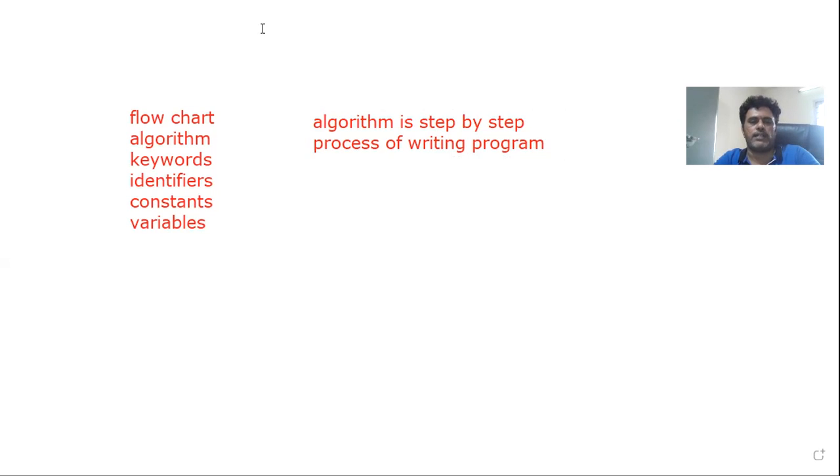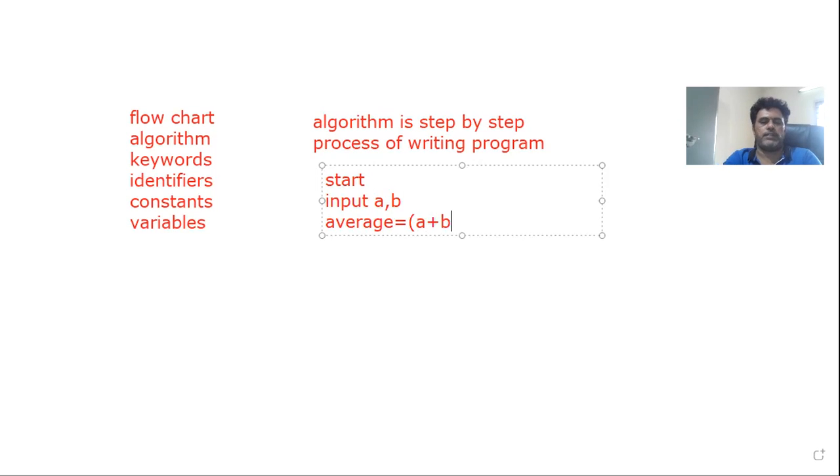See an example which we have seen earlier, to find the average of two numbers. For that, what do we have to do? First, start. Then input A, B. Next, average equals A plus B divided by 2.